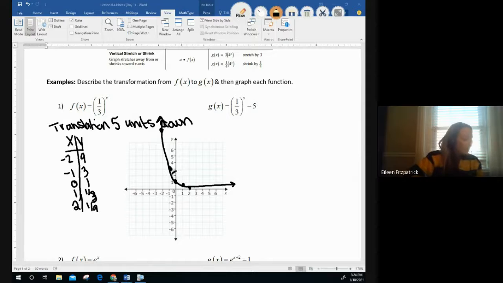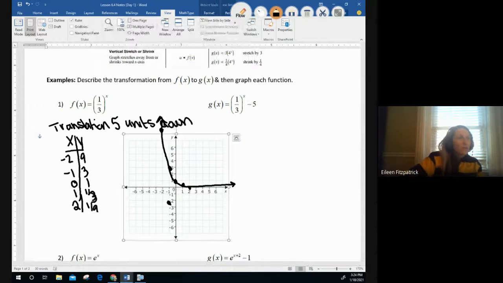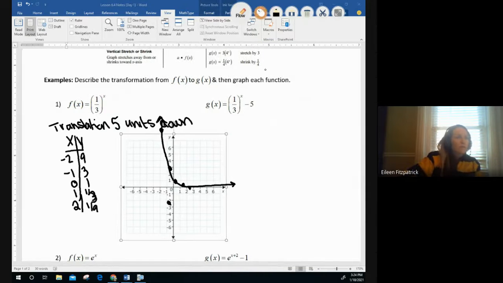All right, and then if I shift it down 5 units, you could go back to the table of values or just shift each point down 5. 1, 2, 3, 4, 5. That point would slide down here. Slide this one down 5. I don't know if I'm going to be able to plot that point. Nope, it's too low.